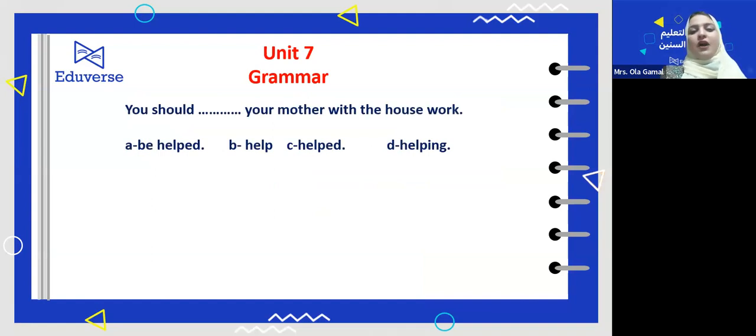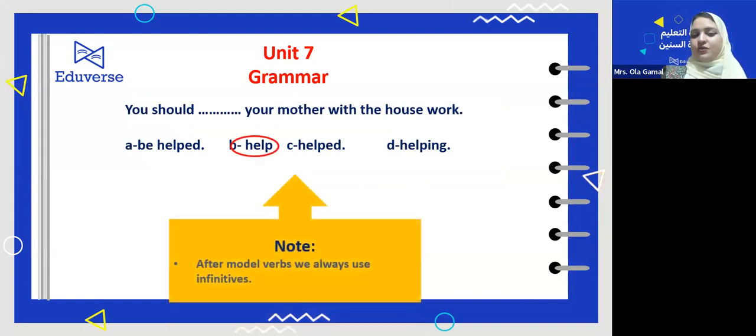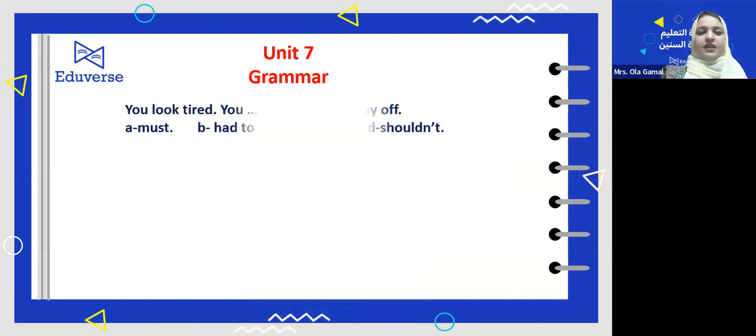You should what your mother with the housework. After modal verbs we always use the infinitive, so we should help. We can't use helps or helping. So after the modal verbs, we use infinitives. The next question. You look tired. You take today off.